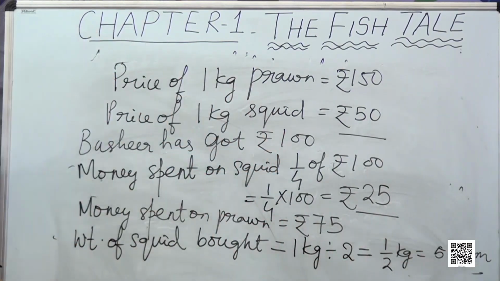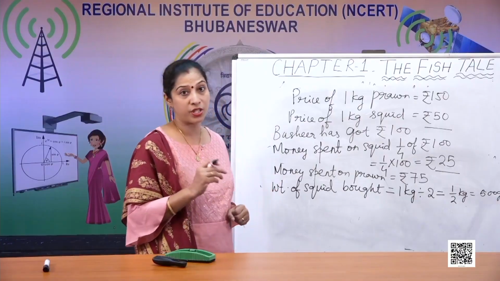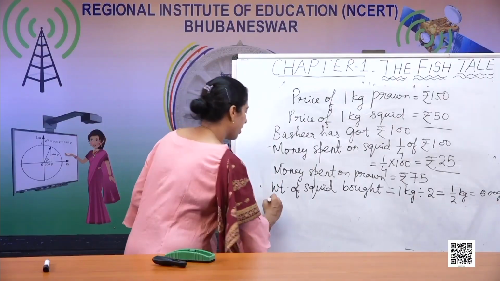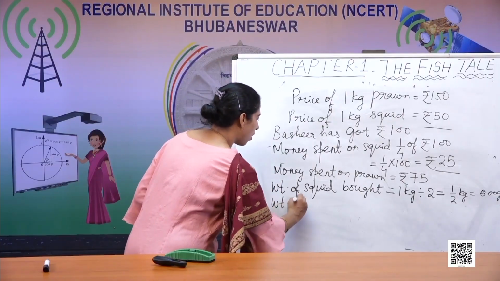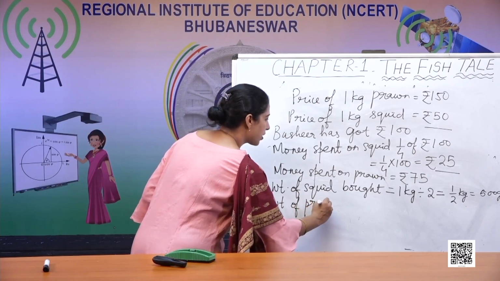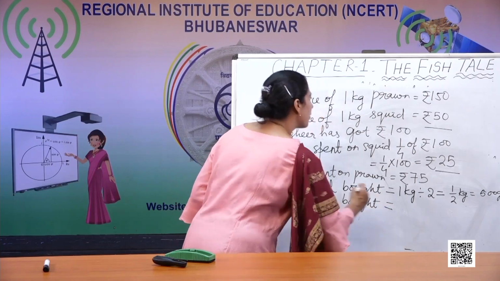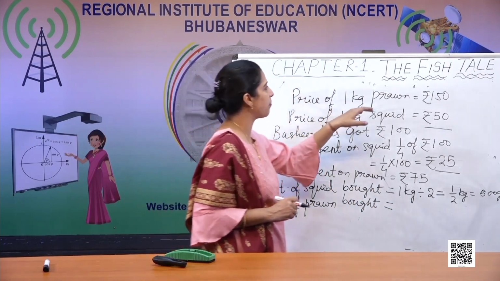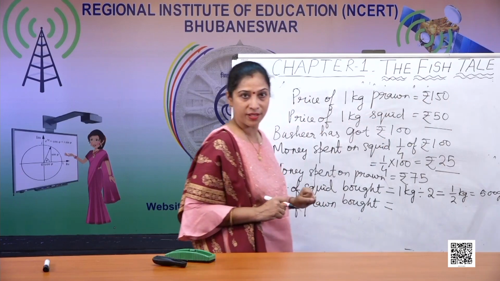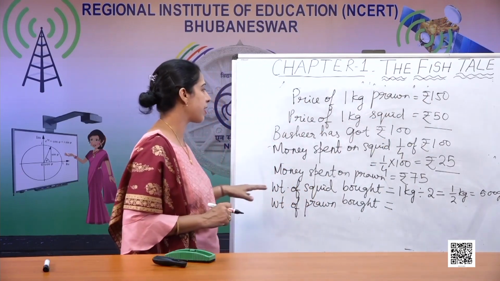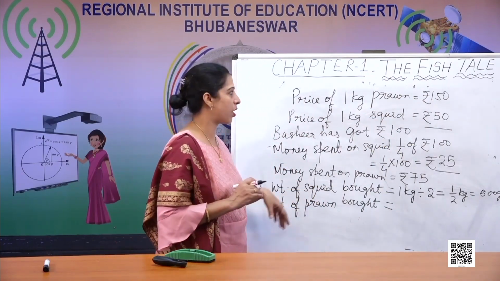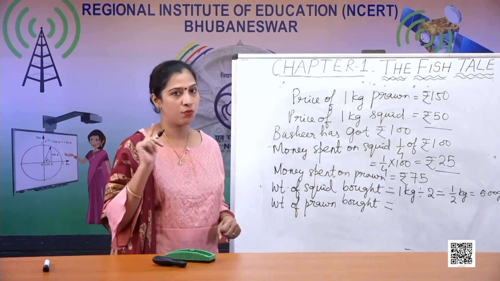Now let's see the weight of the prawn which he got for rupees 75. The price of the prawn is rupees 150 per kg and he has spent 75 rupees on prawn.